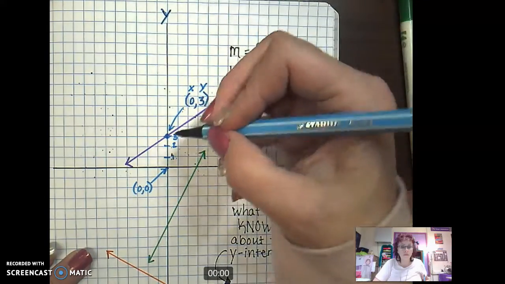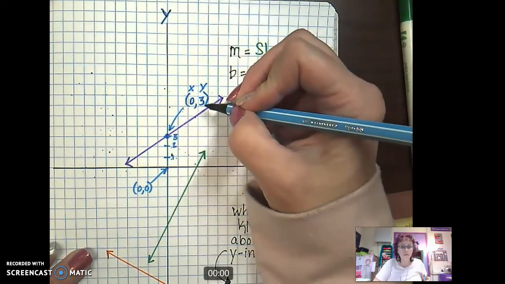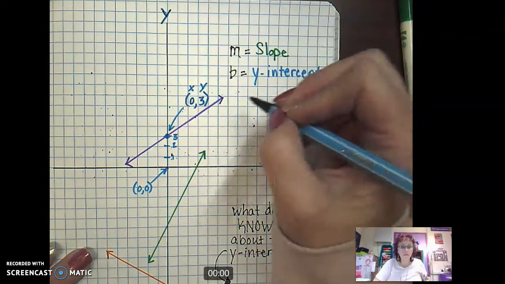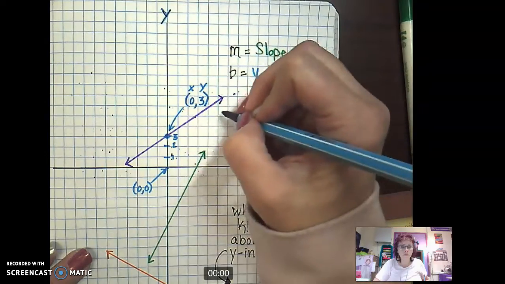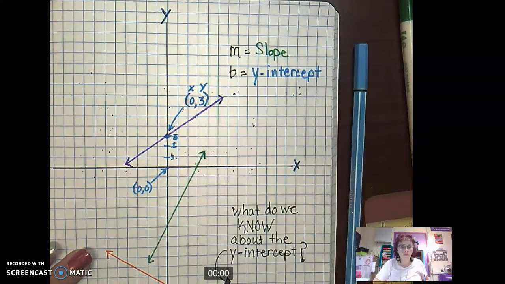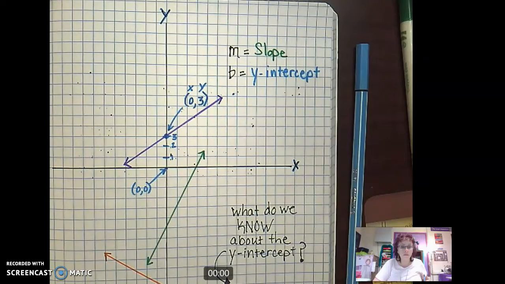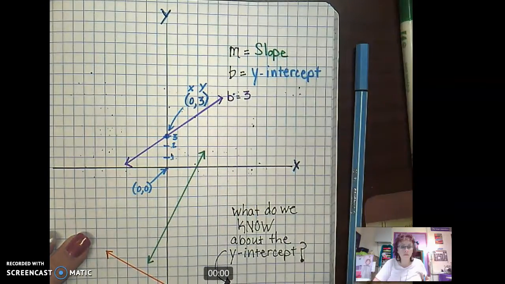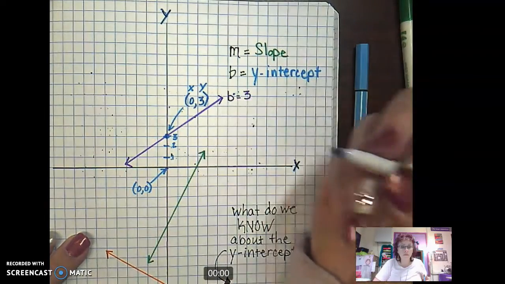Y-intercept crosses at positive 3. The y value is 3. Okay, so B, for my purple line, B is 3, or the y-intercept is 3. So let's take a look at the slope of that line.